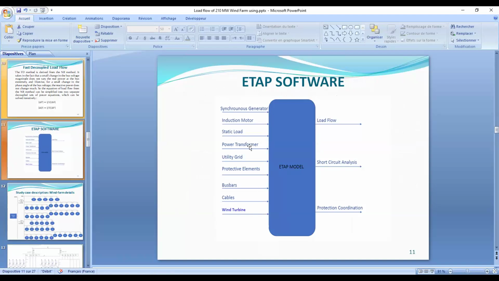The inputs to the ETAP model block are the network components including synchronous generators, induction motors, static loads, power transformers, utility grid, protective elements, bus bars, cables, and wind turbines. We ultimately modeled this in ETAP in order to explore and analyze the wind farm power flow, which is one of the software outputs.